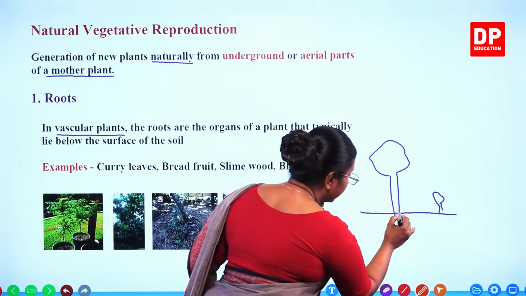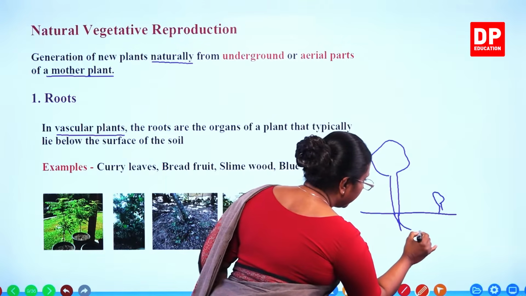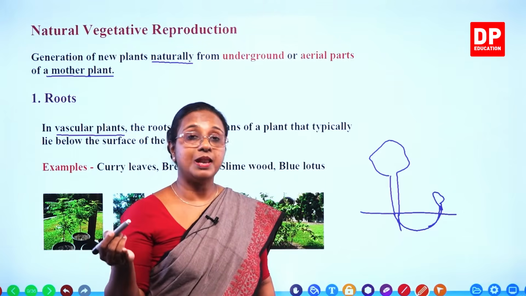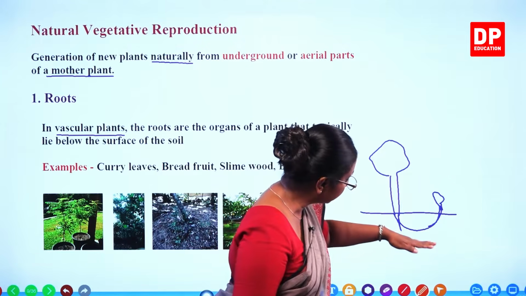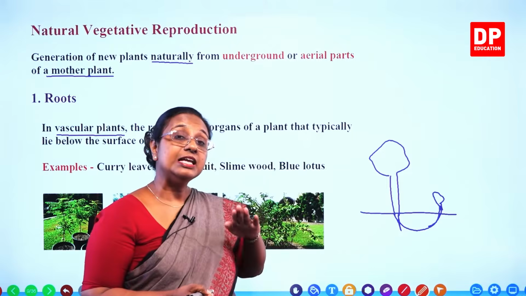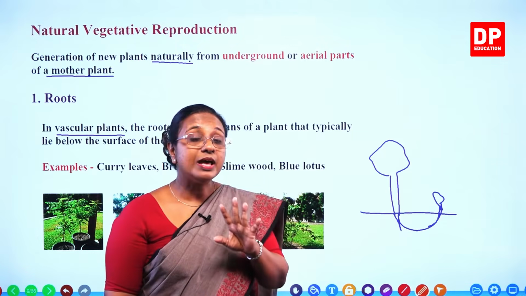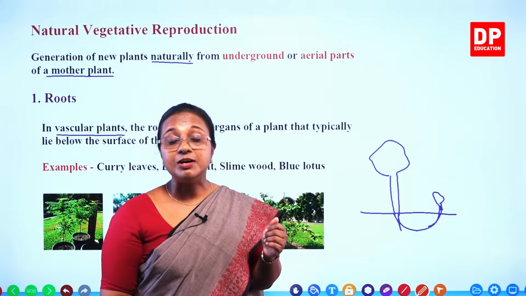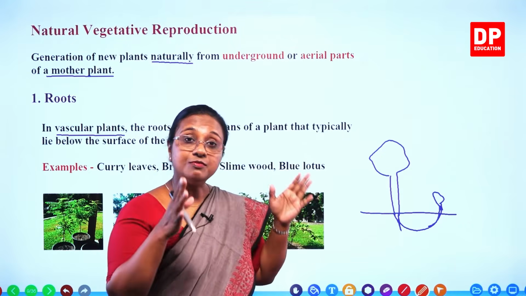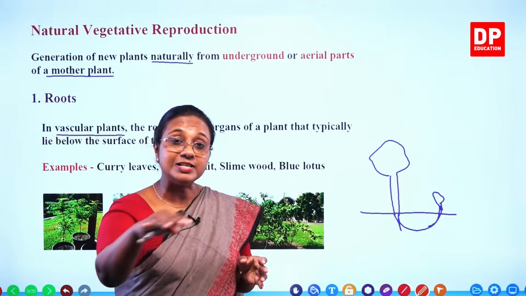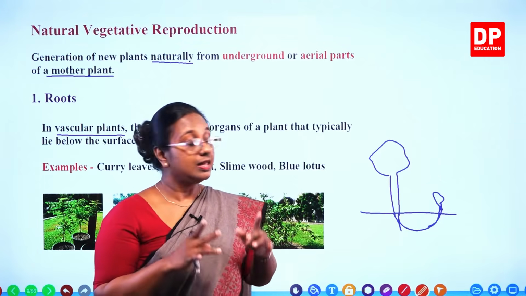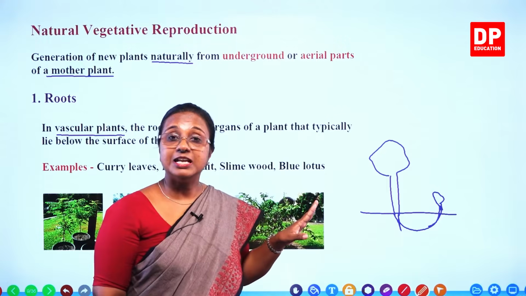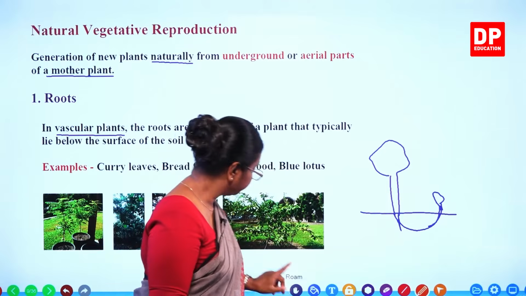That is because the root system here goes out of the soil and produces a new plant. So, the root that is present ideally below the soil gives rise to a new plant. You would have seen this in curry leaves, breadfruit, beli or wilworm plant. In all these, near one mother plant, the mature plant, you will see many small plants. That's because of the roots. So, that is vegetative reproduction by roots.